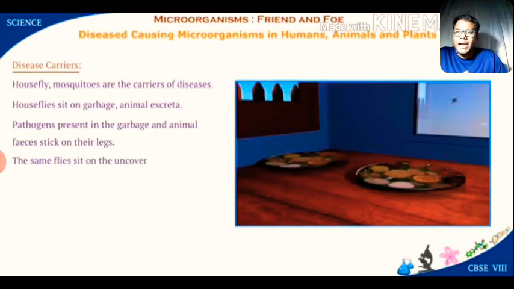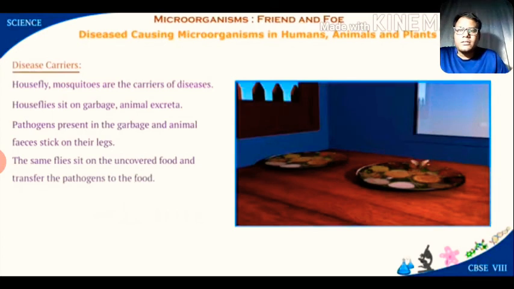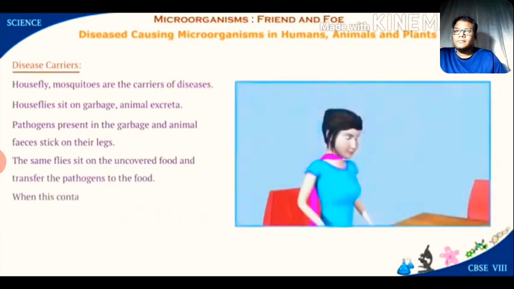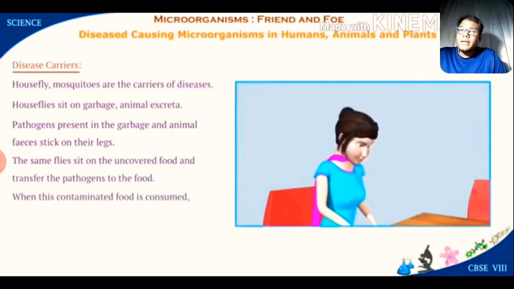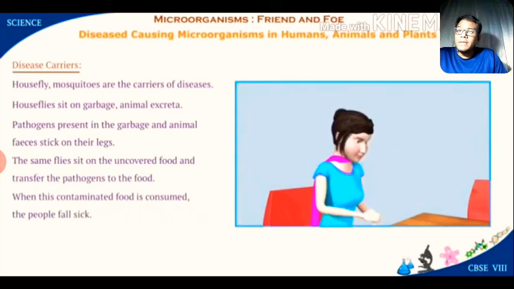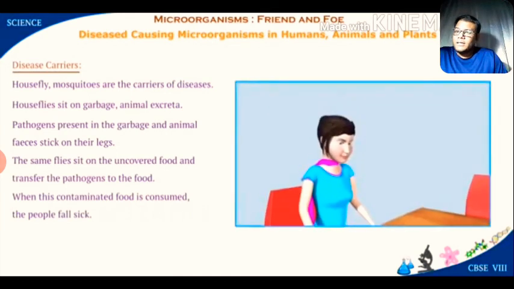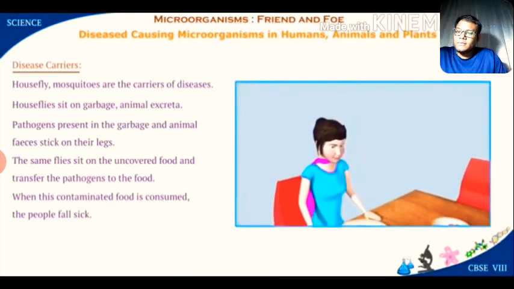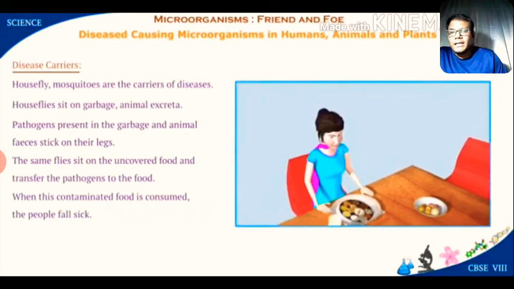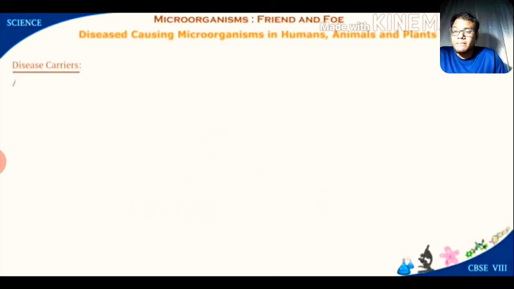These same flies sit on uncovered food and transfer the pathogens to the food. It is always recommended to avoid consuming uncovered food. When the contaminated food is consumed, people fall sick.